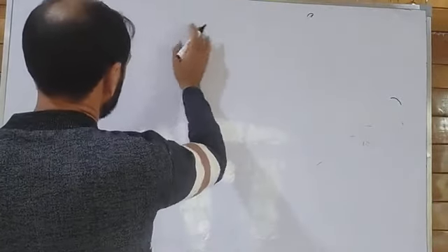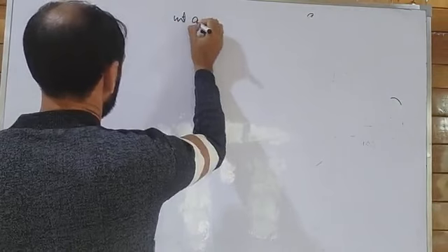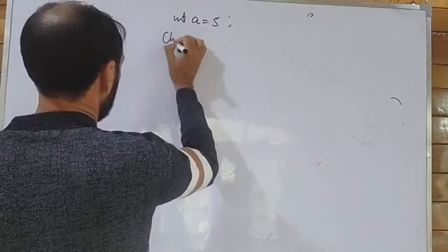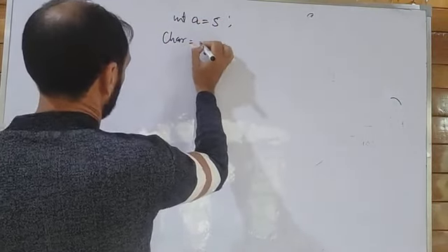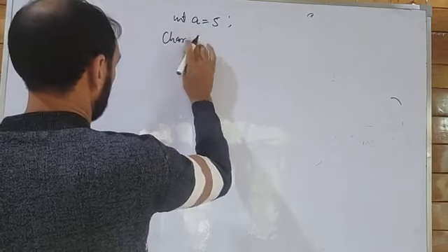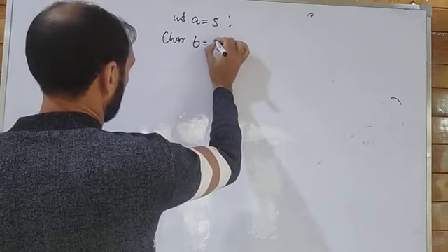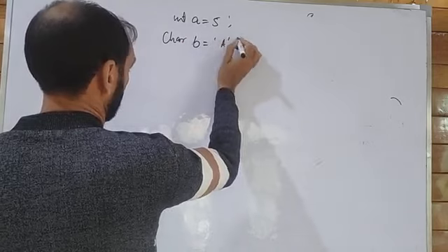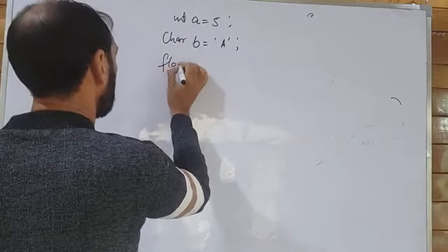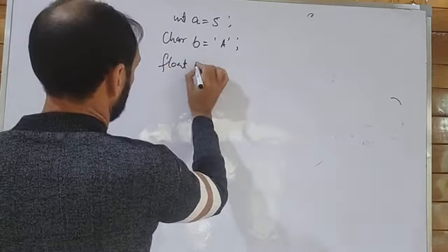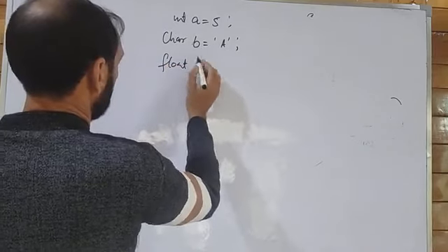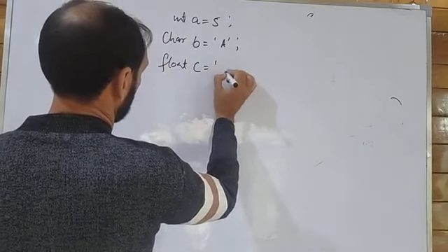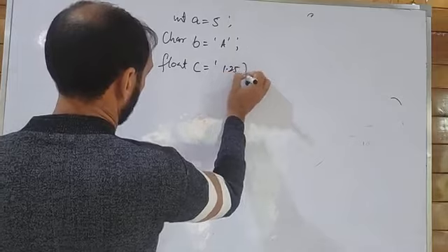For example, int a equal to 5, char b equal to a, float c equal to 1.25.